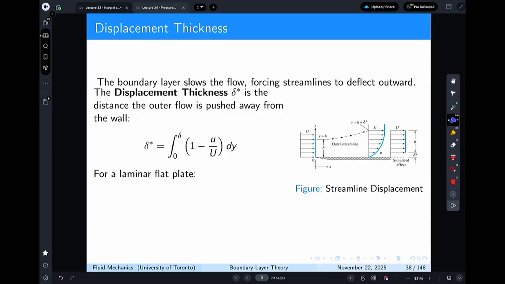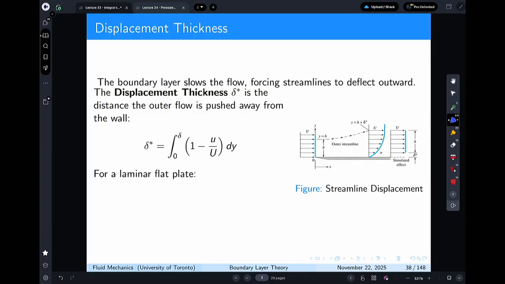Another value that we tend to use is displacement thickness, which is the distance the outer flow is pushed away from the wall. It's just part of that momentum thickness term, the 1 minus u over u infinity term, dy, integrated from 0 to delta.